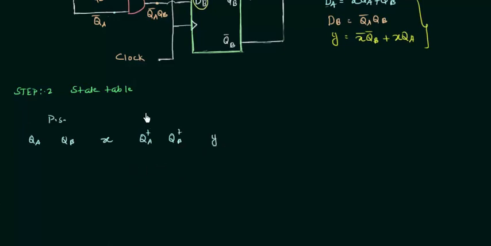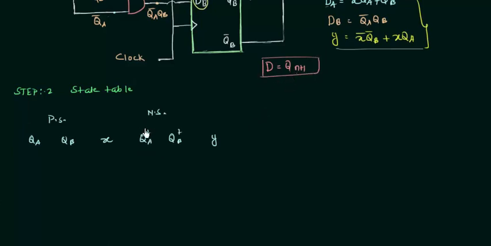Now a very important thing comes, the value for the next state. What will be the value of the next state? We know our QA and QB, we know our input X, and depending upon this QA, QB and X, we will have the value of Y from this equation. But how are we going to find out the next state? You have to just remember the lectures when we were studying the flip-flops, and when I was explaining the D flip-flop in the characteristic table and the excitation table, I told you that the value of D is equal to Qn plus 1, where Qn plus 1 is my next state.